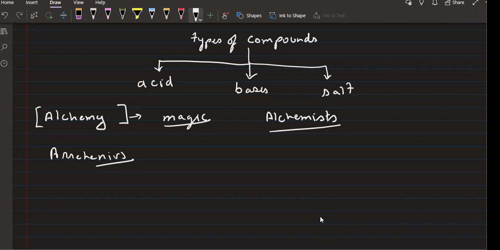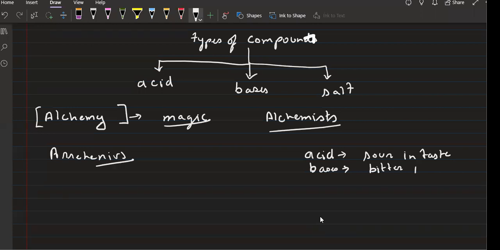So if I ask you, what is an acid? You might say, okay sir, acids are those substances which are sour in taste. That's what you would say, because that's given in your textbook. What are bases? Bases are those substances which are bitter in taste.